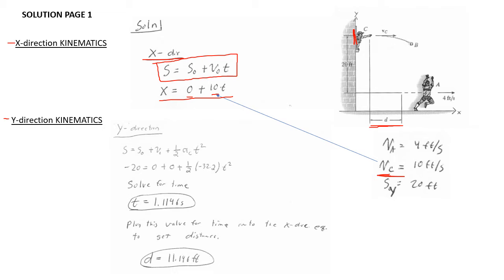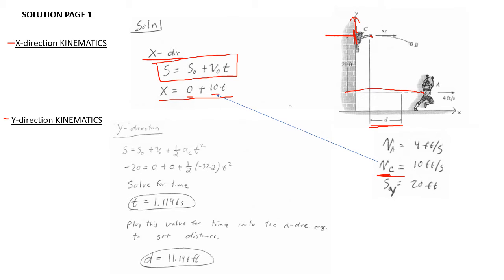In the Y direction, our ball is thrown from up top here and caught down here. Our initial position is here and our final position is down here. If this is our initial position at 0 up here, and we're considering Y positive going up, then our final position down here would be a negative 20.